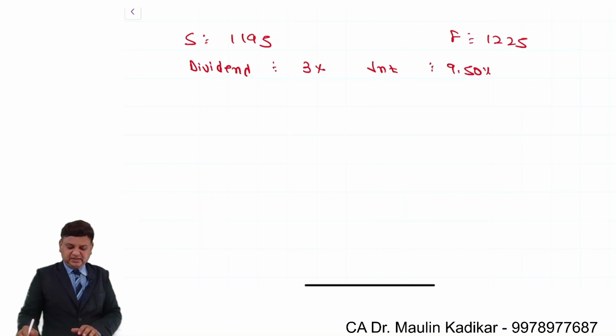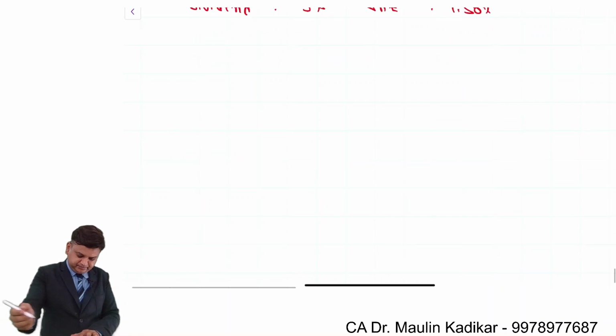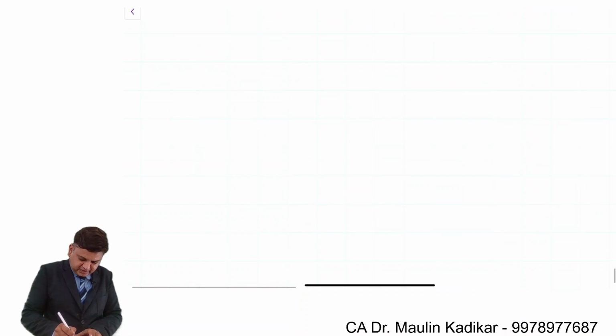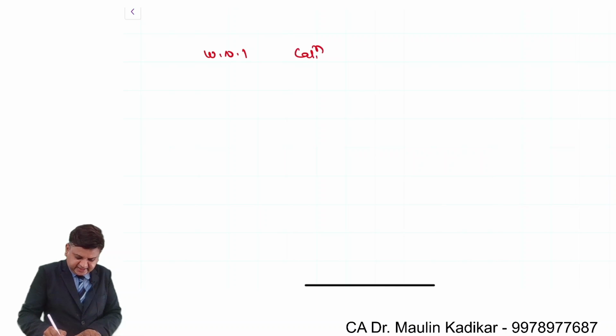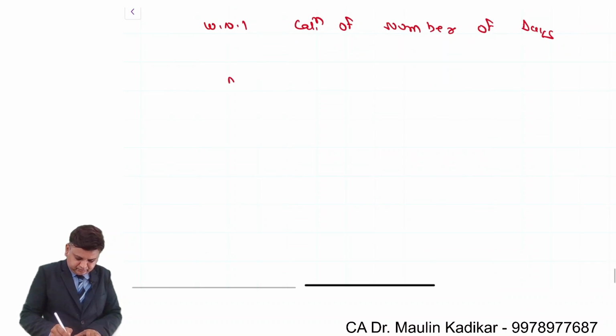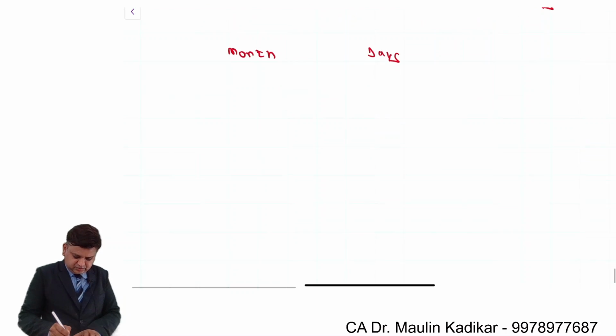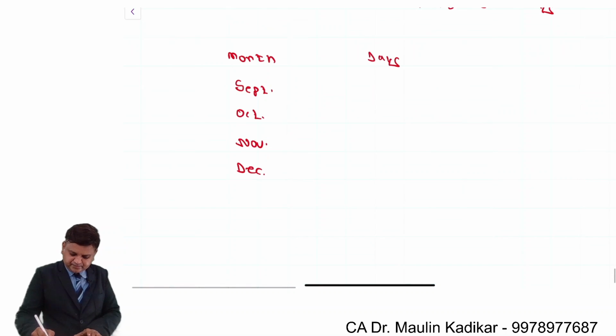So let us start calculating the answer. Working note number 1: calculation of number of days. Month and days: September, October, November and December.